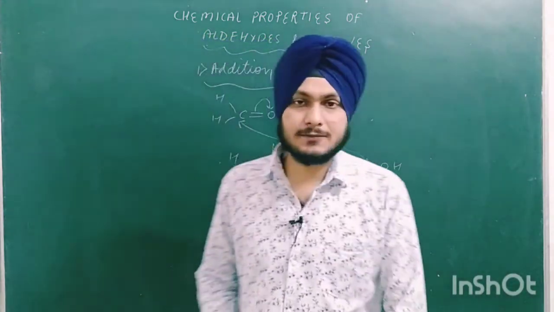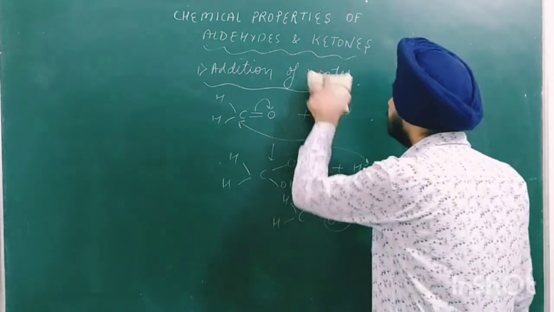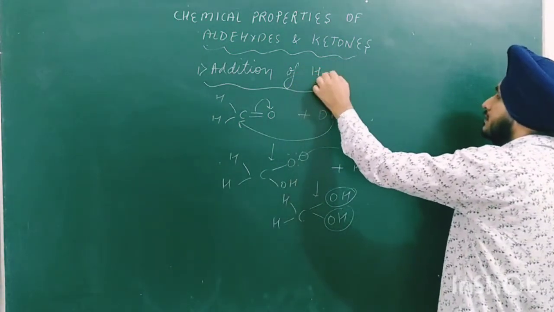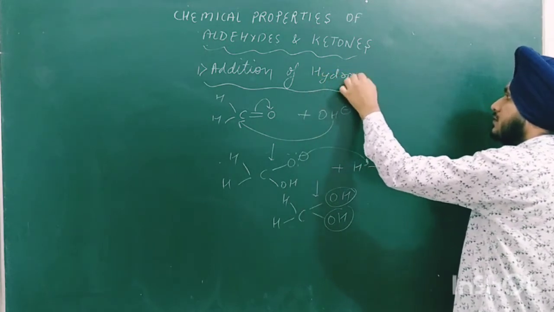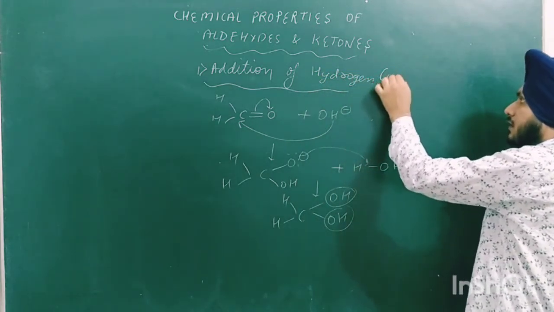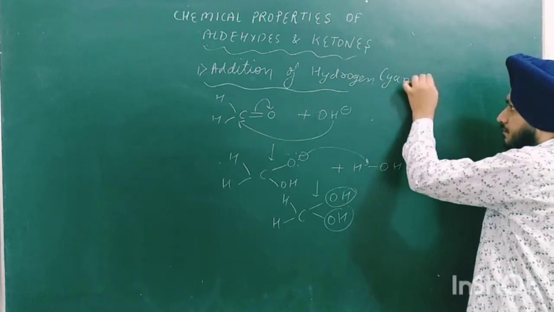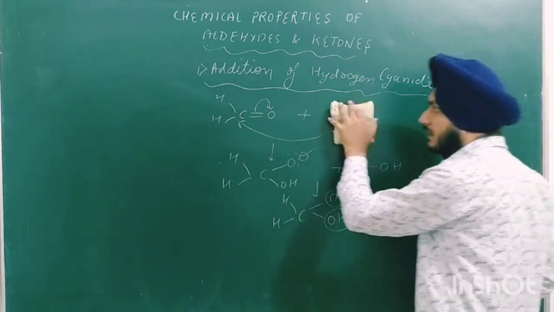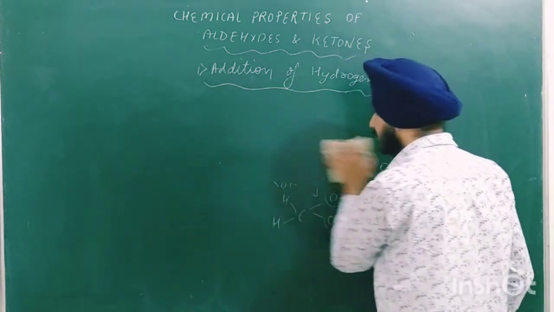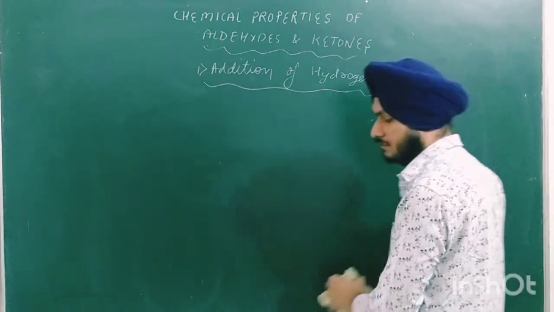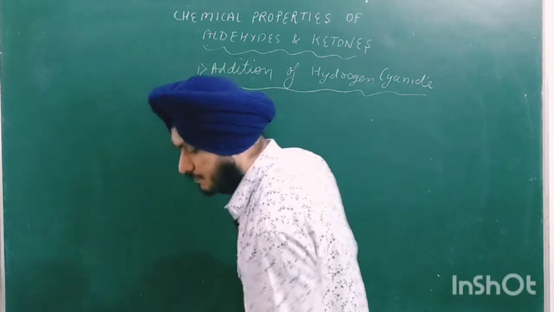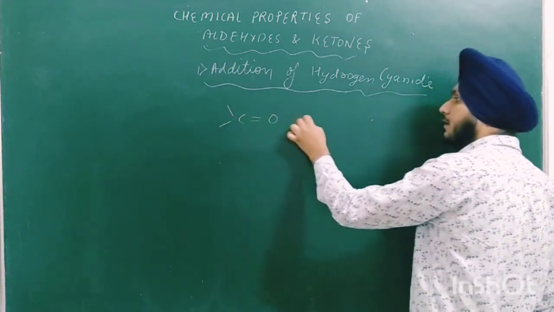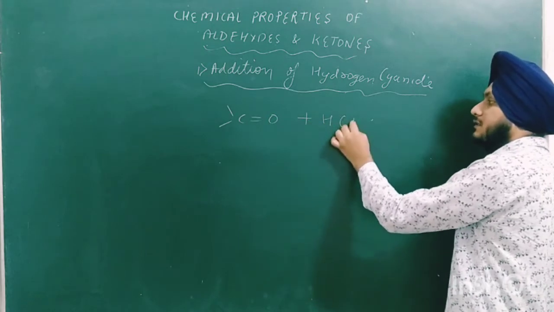The second example is addition of hydrogen cyanide. Here we have the carbonyl group and we have to add hydrogen cyanide.